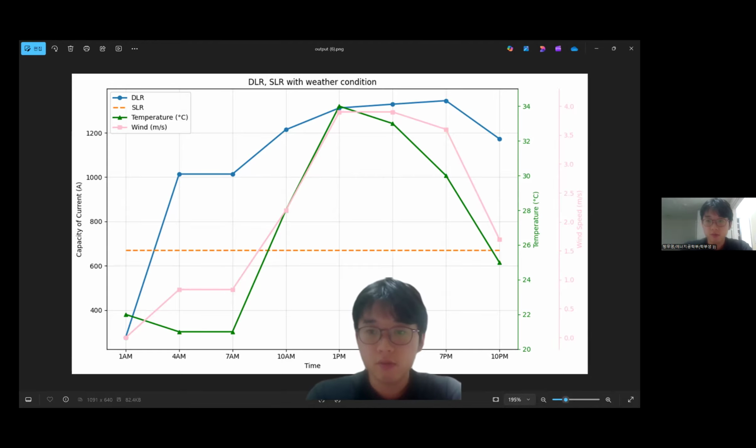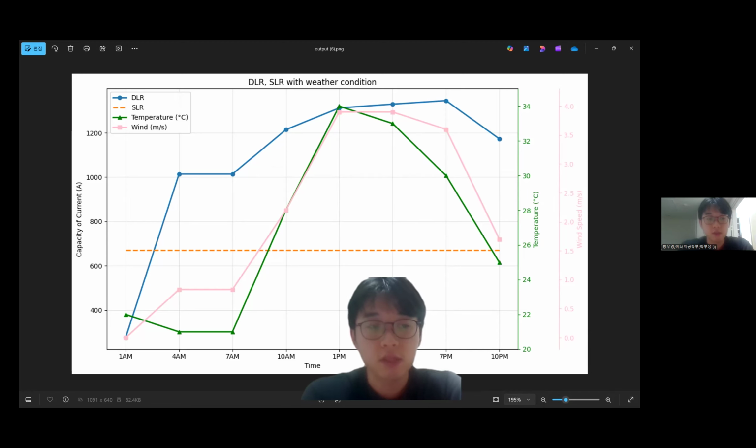The blue line, which represents DLR, starts to incline at 1 a.m. and declines at 7 p.m. The orange line, which is about SLR, is the same the whole time. It is because SLR is calculated by the worst-case condition.